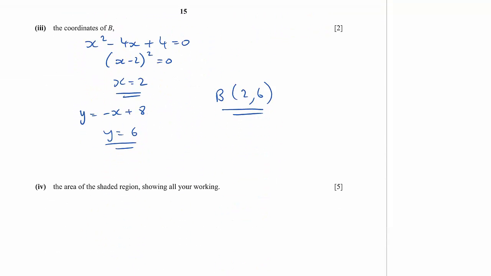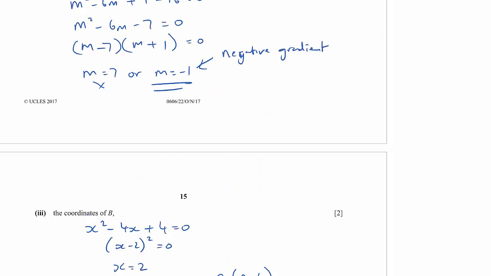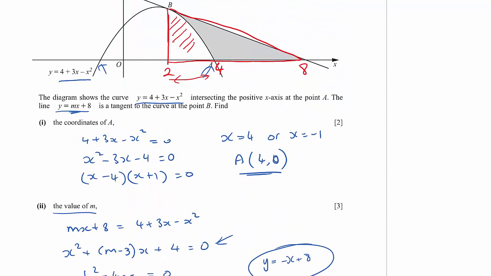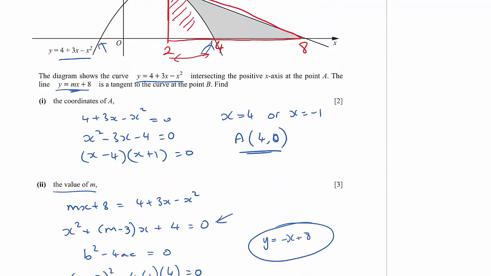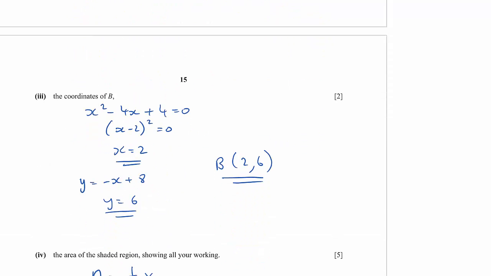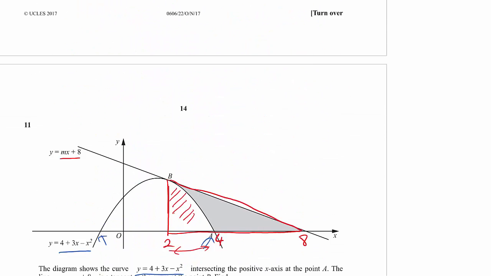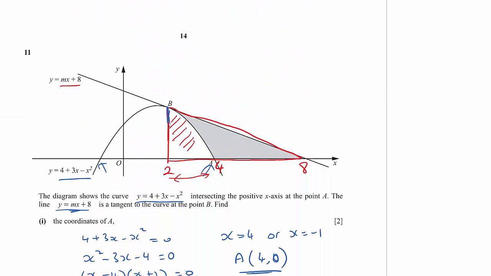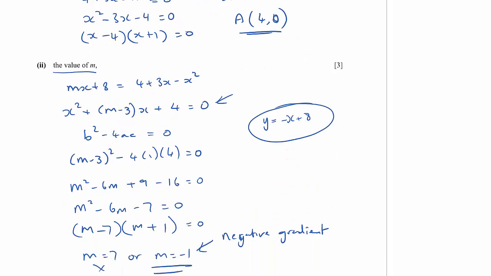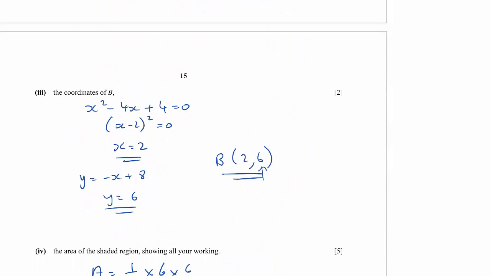So the area is going to be equal to the area of the triangle, which is a half times the base, and the base went across from 2 to 8, which is 6, times the height, which we know is the 6. That's the height of B here. So that's the triangle.